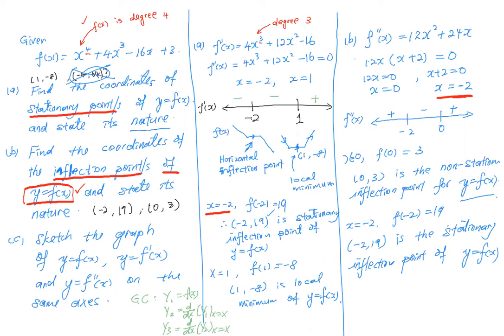So if I want to sketch the graph for f(x) or f'(x) or f''(x), what I need to do is I just draw the sign diagram of, for this case, f'(x) and also f''(x) to roughly know how my f(x) graph looks like. Okay, so I have -2 here, -2 here.